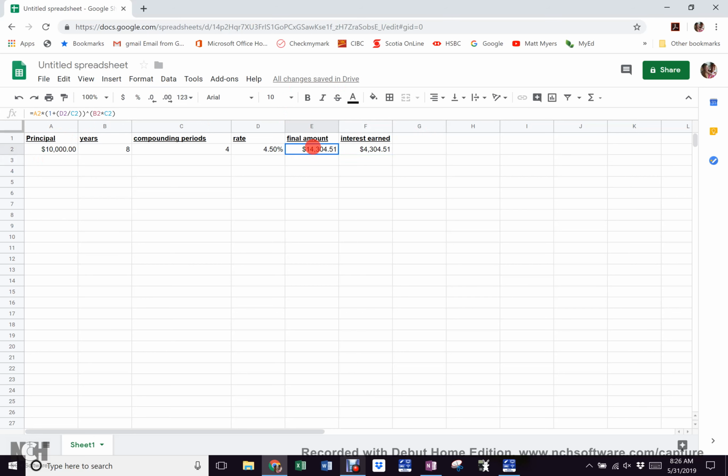So I'm going to highlight down. I said we're going to do 1 to 6, yes? So that's 3, 4, 5, 6, 7, 8, right? So I'm going to highlight down to E8. And I'm going to push Control D. What? Why is it doing this?